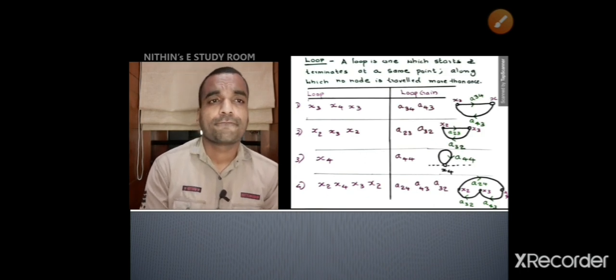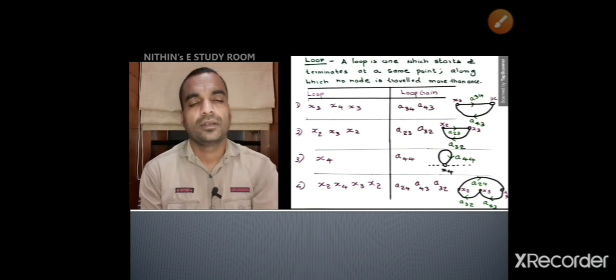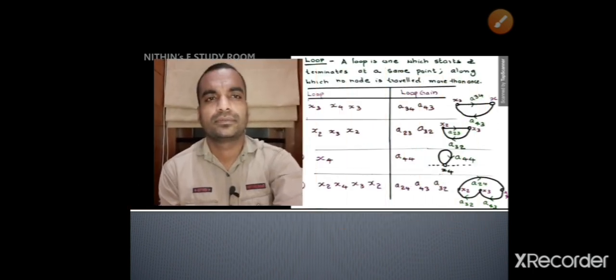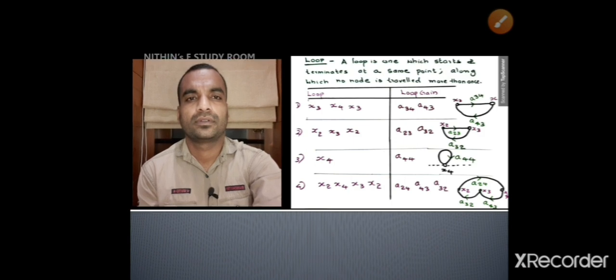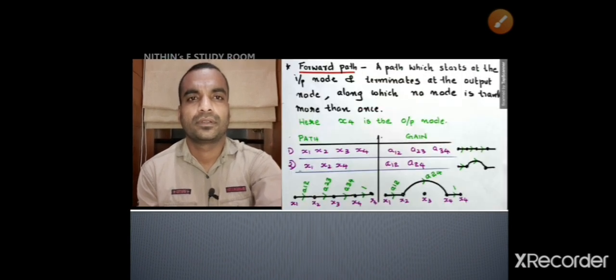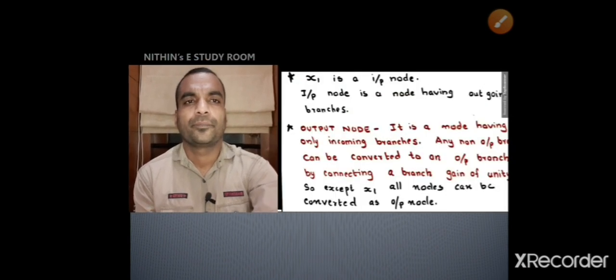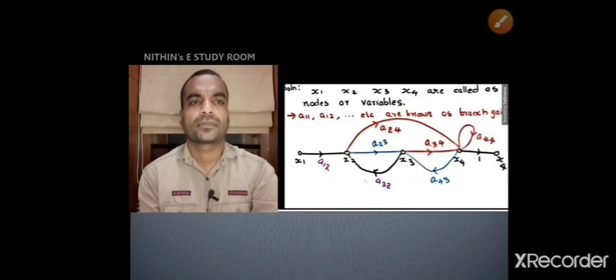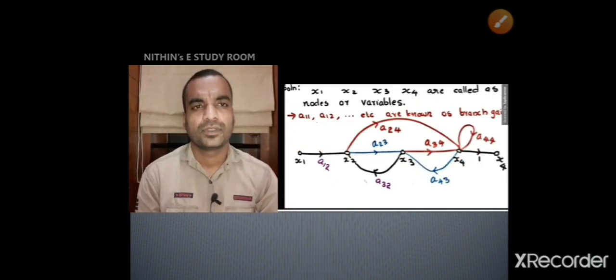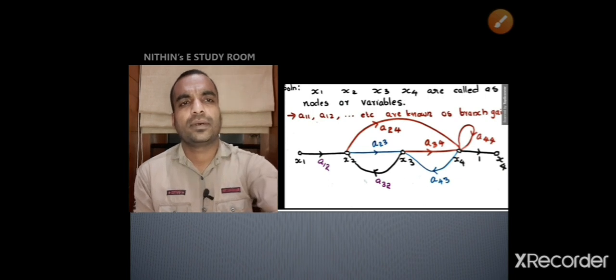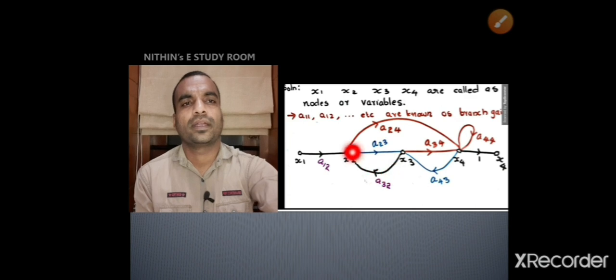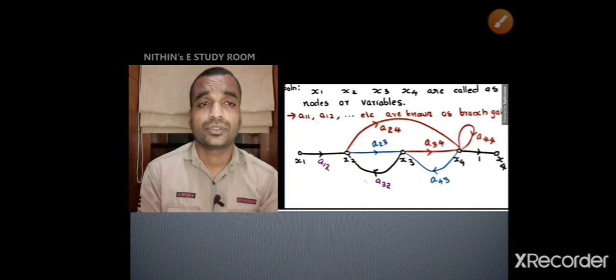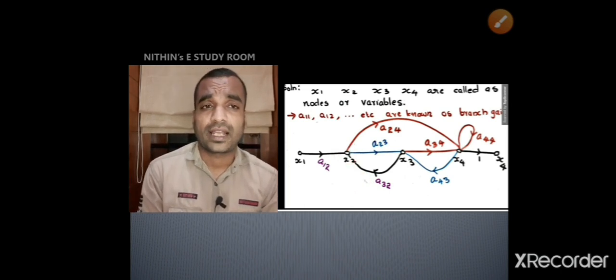So we can come to the basic figure. I will mark loops here. This is a loop: A23, A32. That's a loop because no nodes are traveled twice.